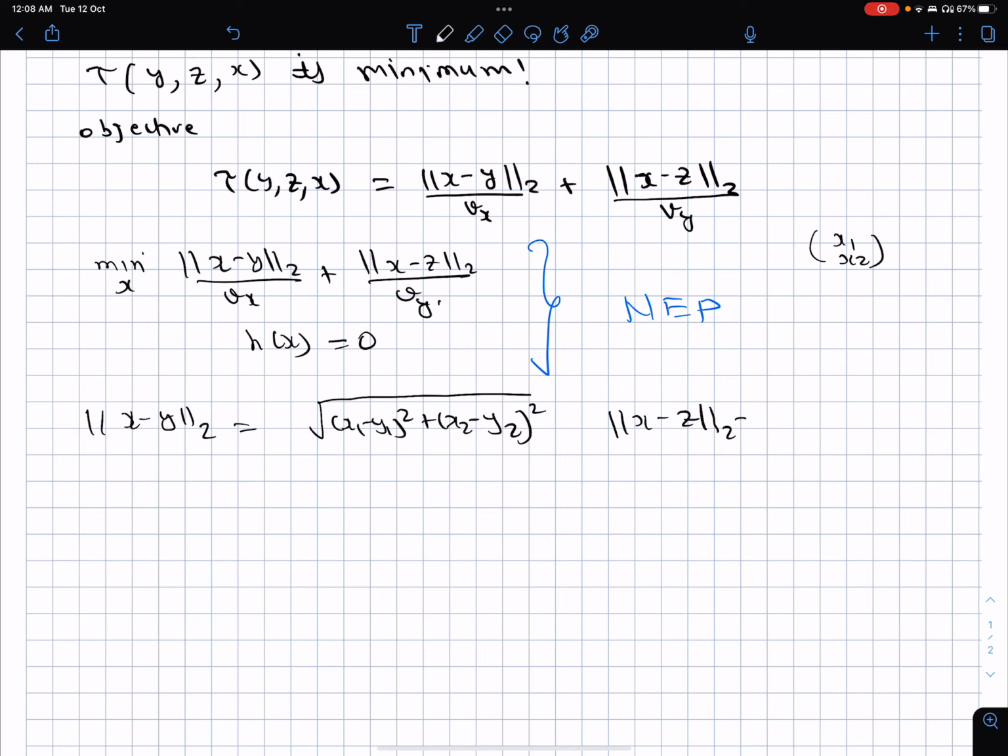It is again the square root of (x1 minus z1) squared plus (x2 minus z2) squared. Correct?